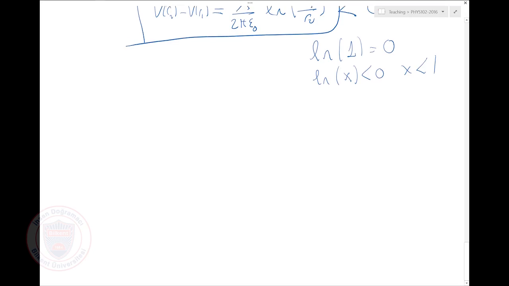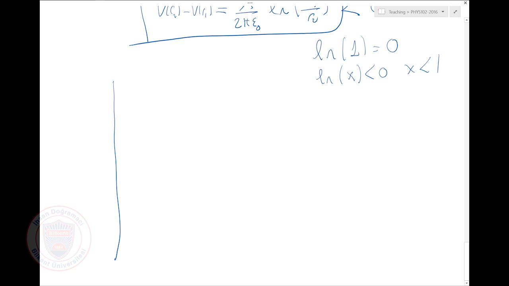Now, I need to choose a reference point. And you may be wondering why I'm just looking at the potential difference. Why did I not choose the potential at infinity to be 0? That's how we approached the problems until now. The problem is, in this example, I have a charge distribution going to infinity.